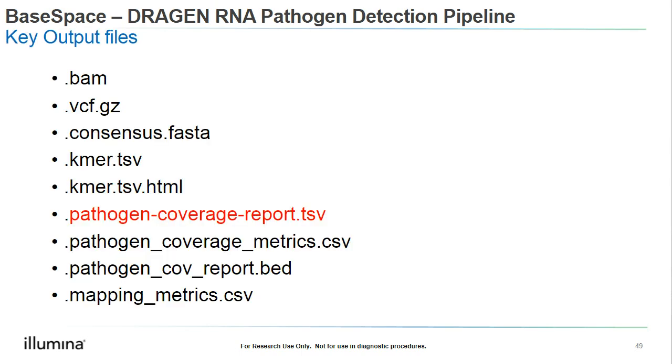The key output files of this app include the pathogen coverage report, and also as the output of DRAGEN, you're going to get the BAM file, the VCF file for the variant calling, and also the consensus FASTA file. And I'm going to talk a little bit about the pathogen coverage report.